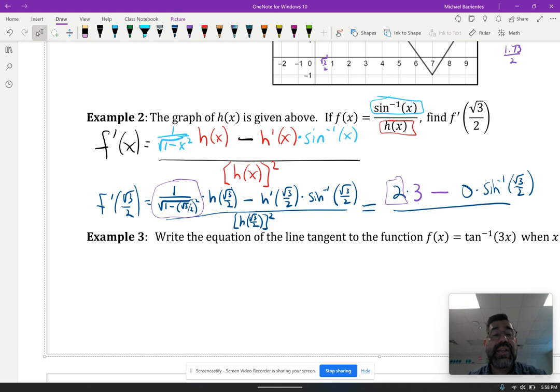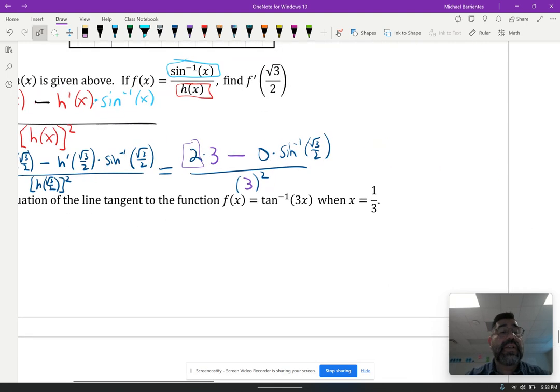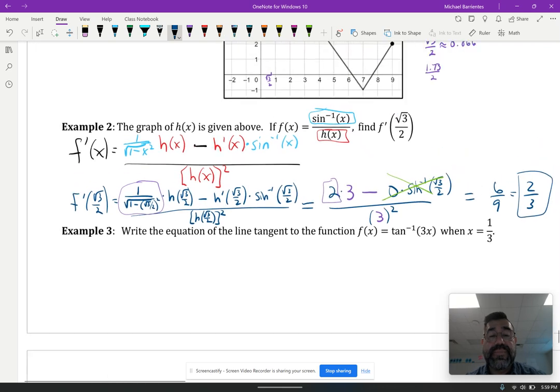I believe we said it was 3, but we're going to need to square it. Okay, so then now we know this is going to go away because 0 times anything is 0. So I'm left with 6 over 9, and 6 over 9 is 2/3. Here is the derivative value that I was looking for.